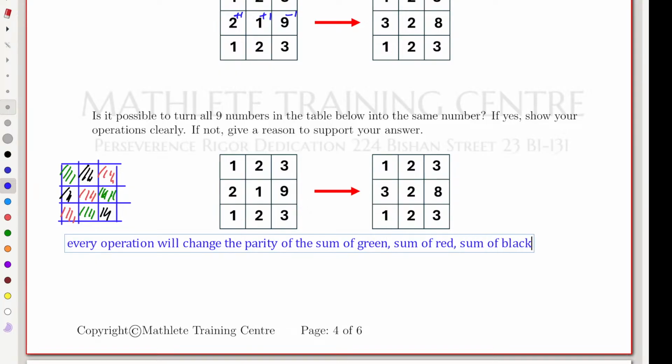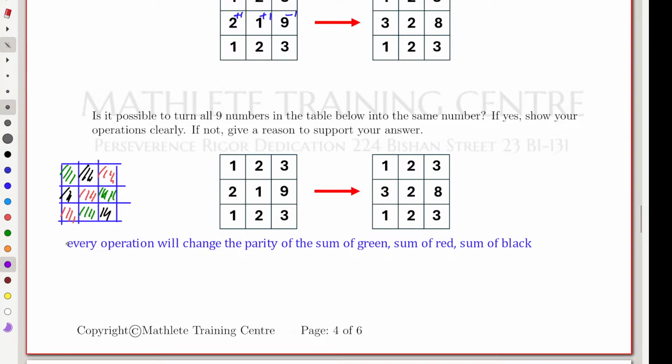Okay, so what does it mean? For example, if you take a look at the starting point, the black color contains this three. Now you change the middle row by plus 1. What happens to the sum of these three squares? The sum of these three squares increases by 1, right?